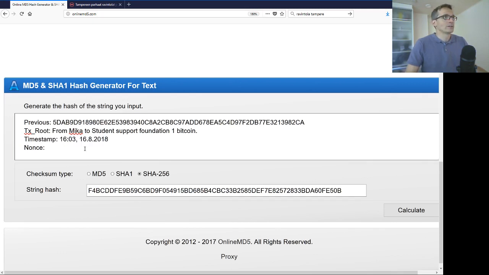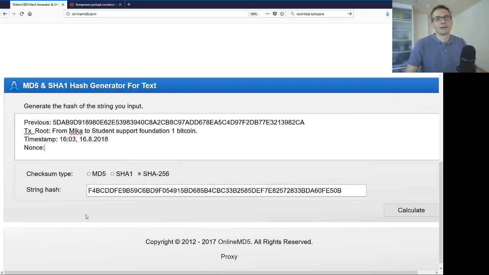And now we start to search for the nonce. And as we remember, we have to find a nonce that is lower than a particular threshold. So we are looking at the leading zeros in the string hash field over here. Now we just start to generate a random number, and we can do it like this. And pay attention to the string hash field over here.